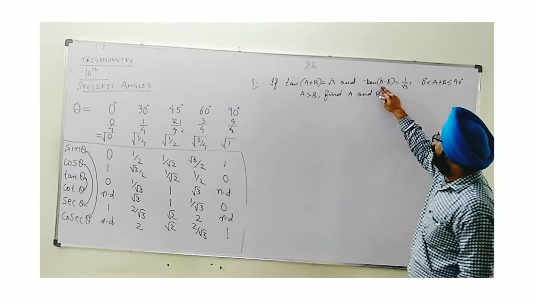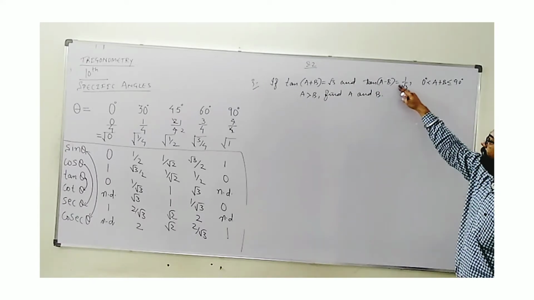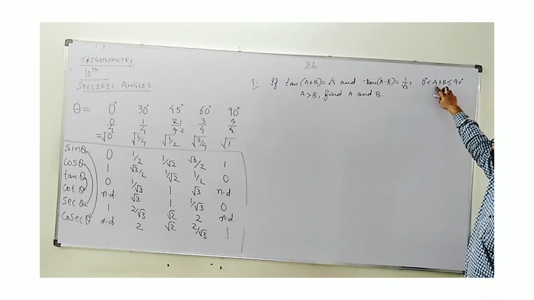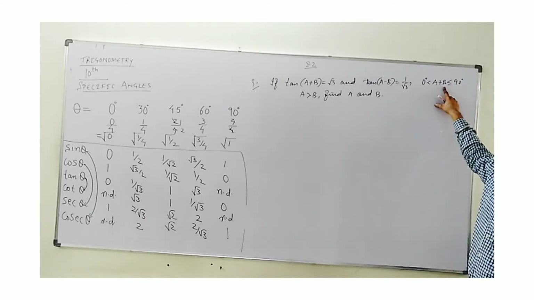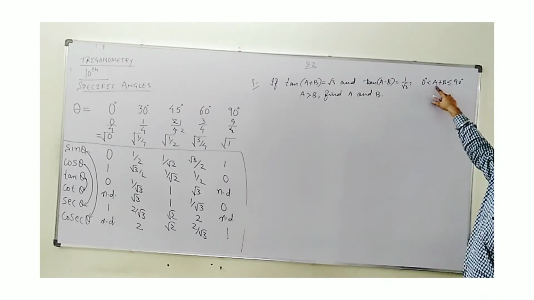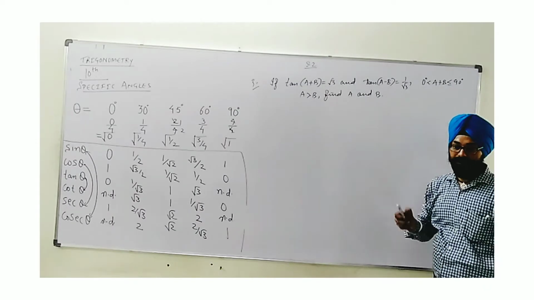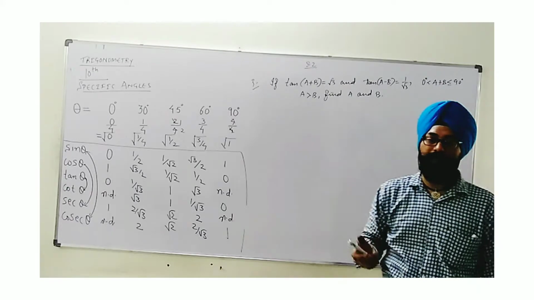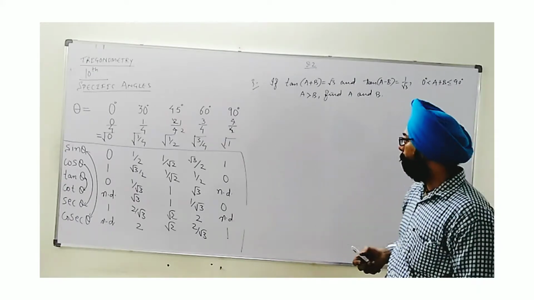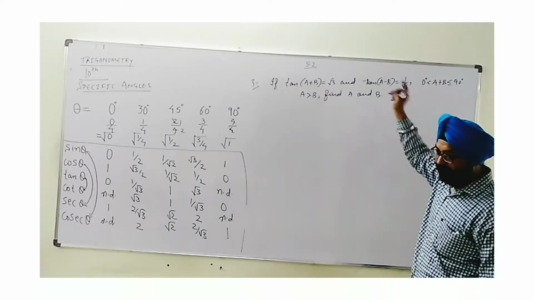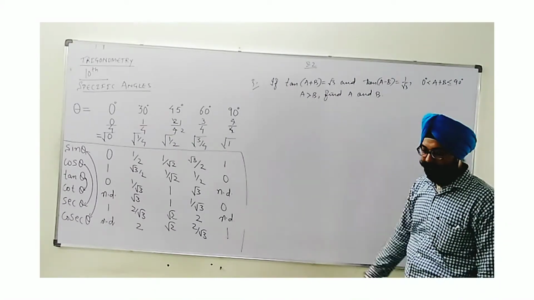Tan(A minus B) is equal to 1 by root 3. A plus B means values A and B are such that their sum lies between 0 and 90 degree. Be careful. The sum is not going to be more than 90. Next, A is greater than B. This also is a given condition. Then we need to find values of A and B.